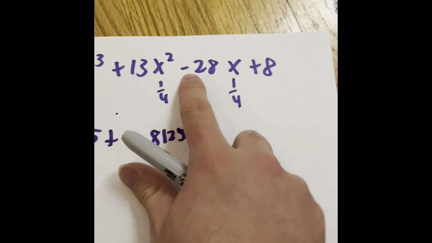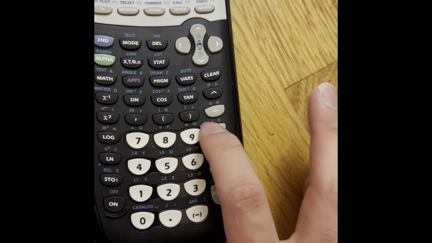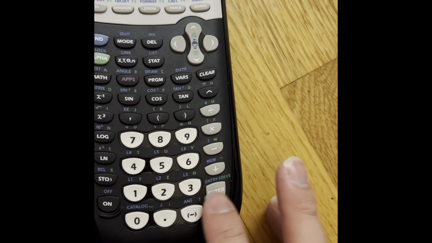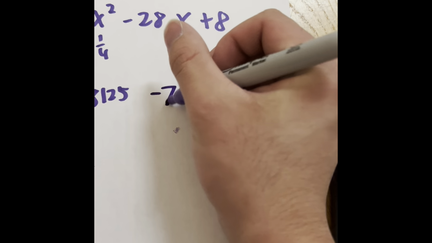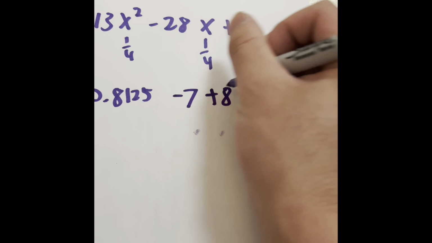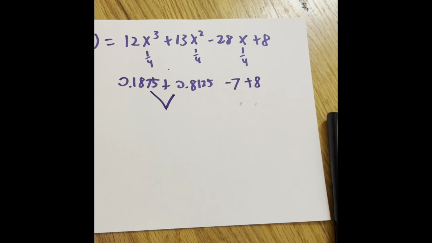Now we have negative 28x at 1 over 4, and we get negative 7. So we're going to put negative 7 right here plus 8. Now what we have to do is add the math together.